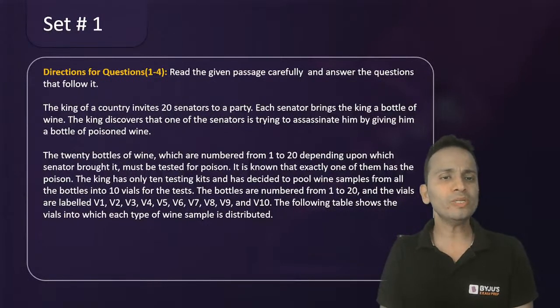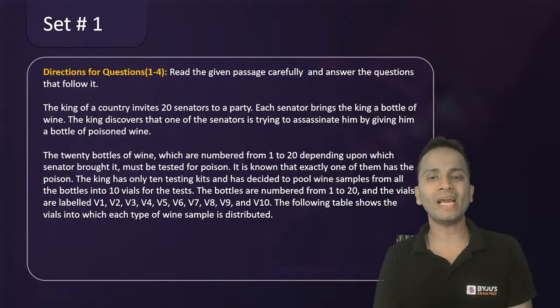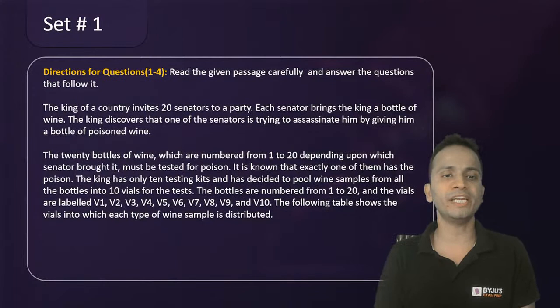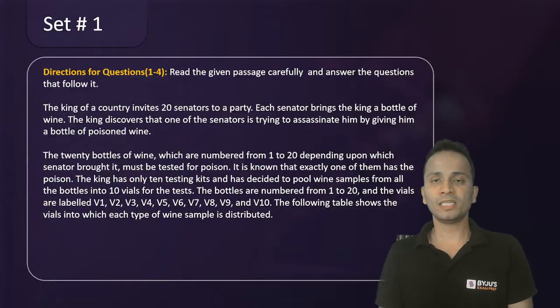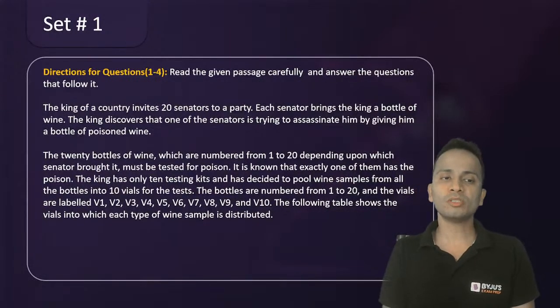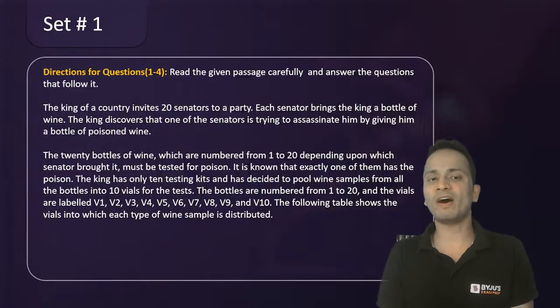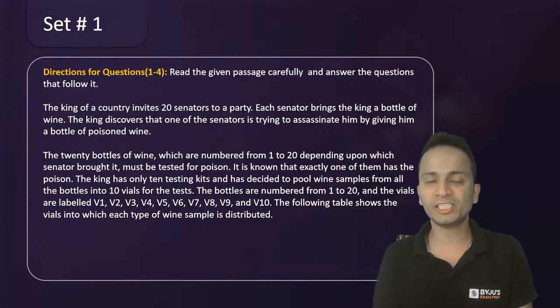The king has only 10 testing kits and has decided to pool wine samples from all the bottles into 10 vials for the test. The bottles are numbered from 1 to 20, and the vials are labeled V1, V2, V3 and so on up till V10. The table on the next page will show the vials into which each type of wine sample is distributed.